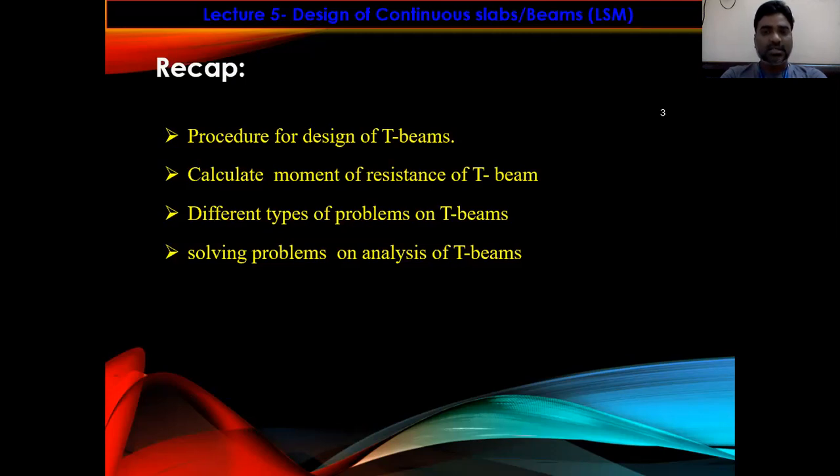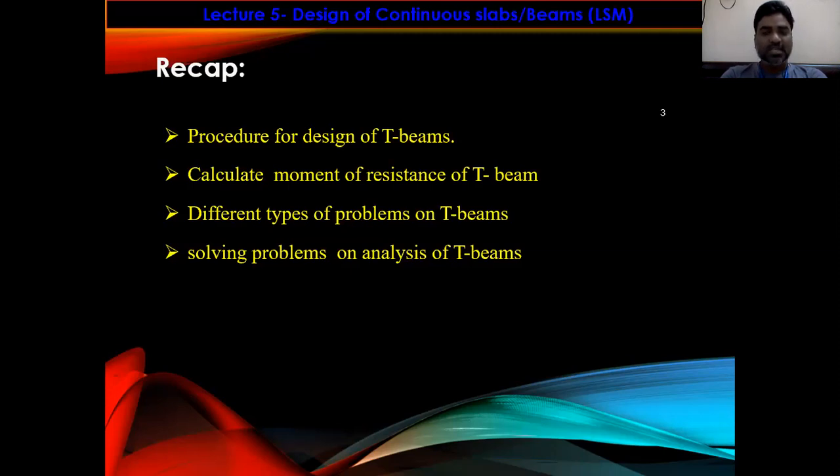In T-beams, the moment of resistance depends upon the location of the depth of neutral axis. Based upon that location, it is classified into three cases.